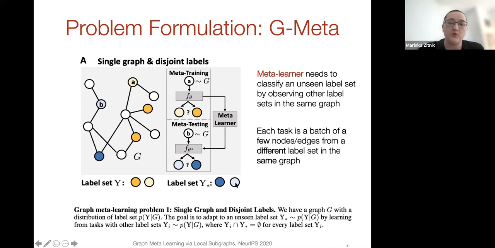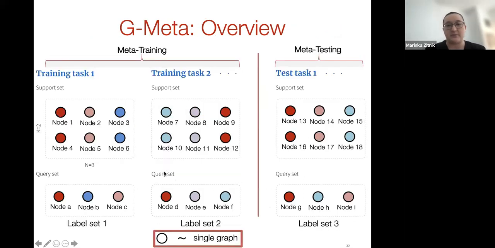So in our case, the blue label set would be COVID-19, and yellow would be other diseases that are much better understood. The schema for training GMeta was similar, but now we didn't have images, we have nodes and their labels. In that case, we defined a variety of training tasks. Each of those training tasks had a small number of shots, or labeled examples, in a few classes.